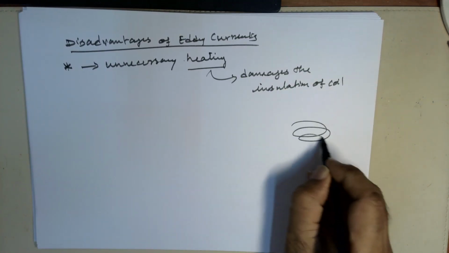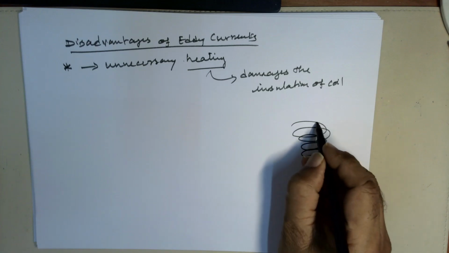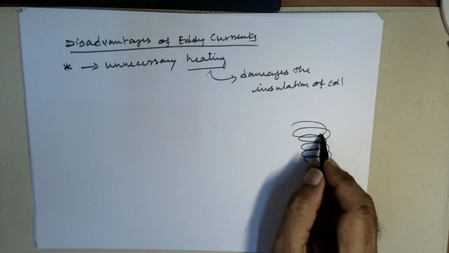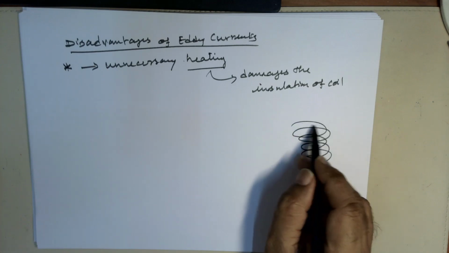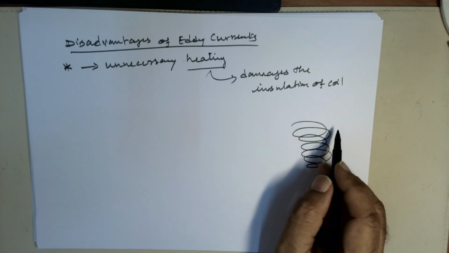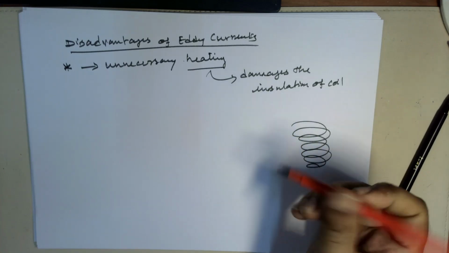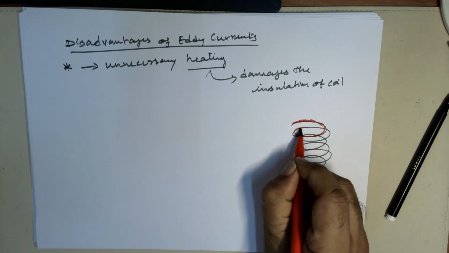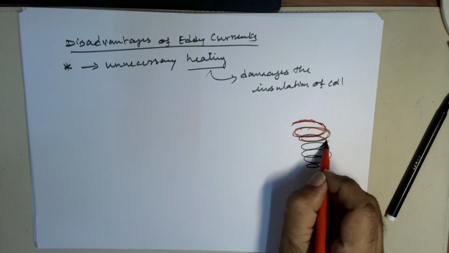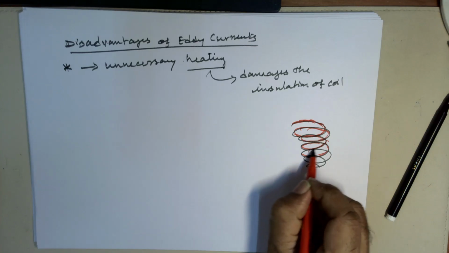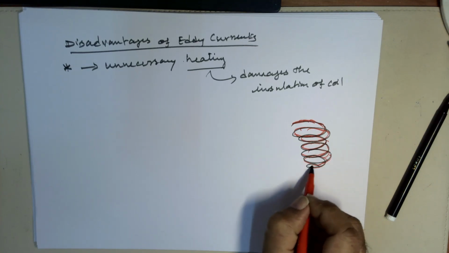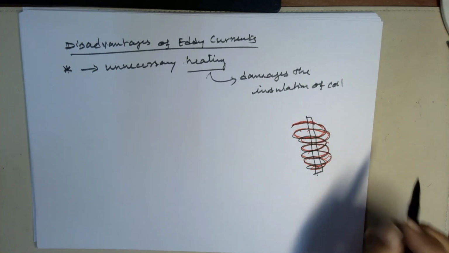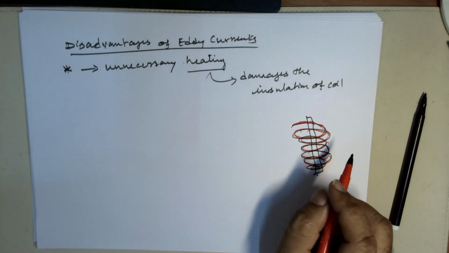So usually you have a lot of coils wound around the iron core, and when they are tightly packed or coiled, they touch each other. In order to avoid conductance between these coils, they put some insulating varnish over that. Are you able to follow? So the heat produced will definitely affect this insulation, and thereby it damages the coil.